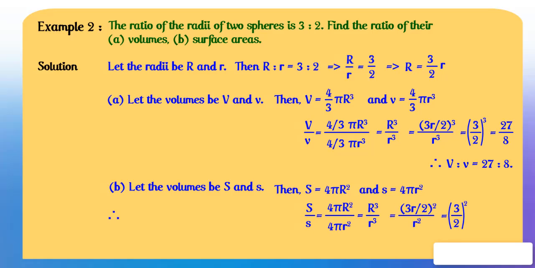Therefore, capital S by small s is equal to 4 pi capital R square by 4 pi small r square, which is equal to capital R square by small r square, which is equal to (3 small r by 2) whole square divided by small r square, which is equal to (3 by 2) whole square, which is equal to 9 by 4. Therefore, capital S is to small s is equal to 9:4.